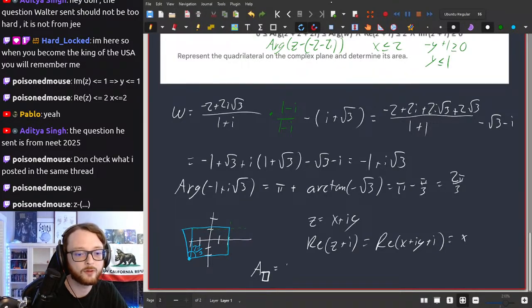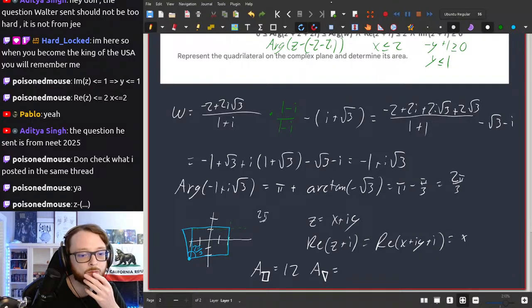The area of the rectangle is 12. The area of the triangle, it's height 3, base... We need to do some math.